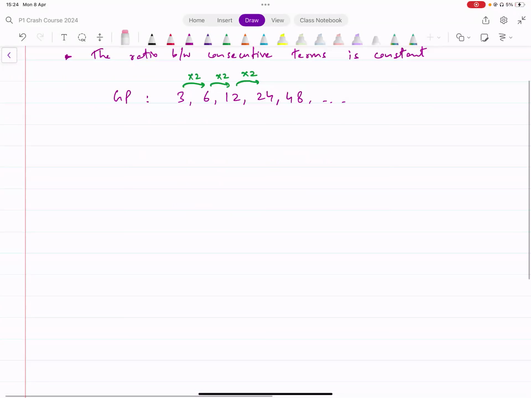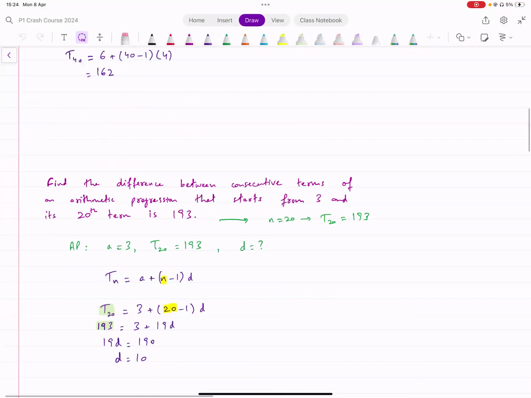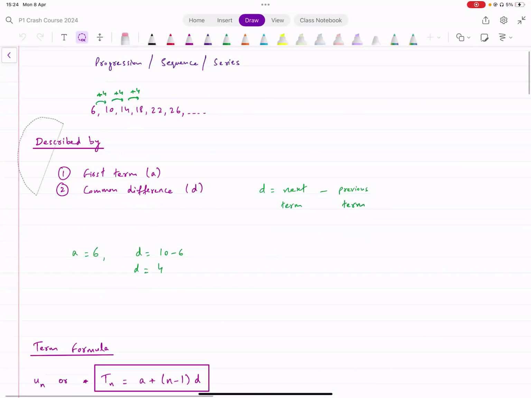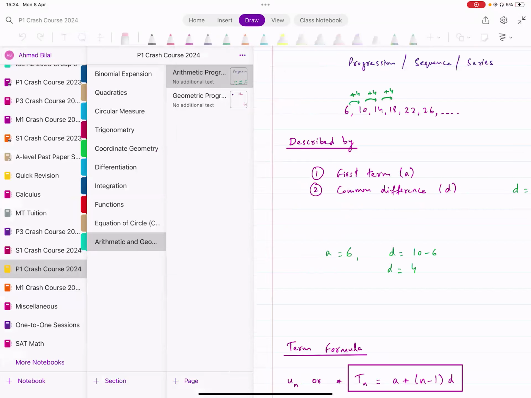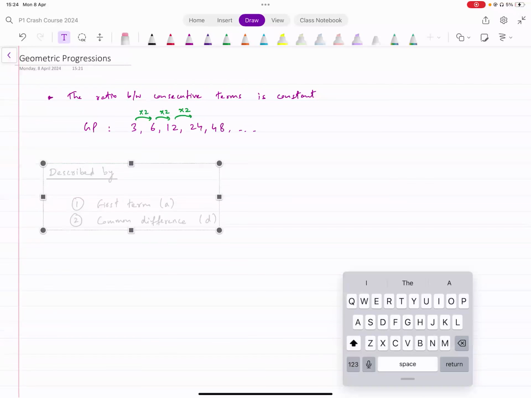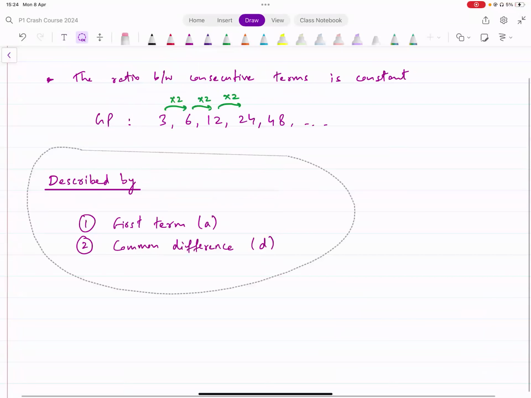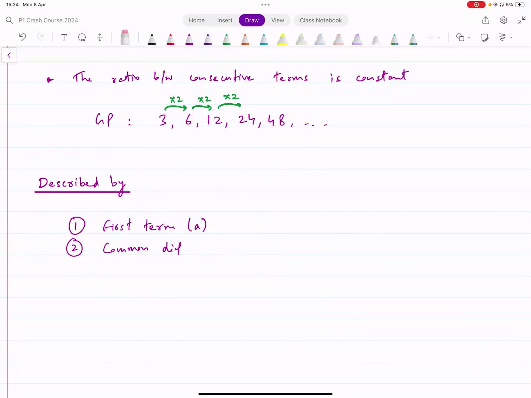Now, an arithmetic progression was described by 2 things. It was described by the first term and by the common difference. Now, what about geometric progression? It's also defined by a first term.